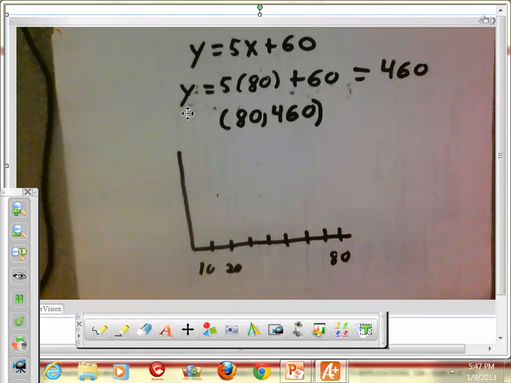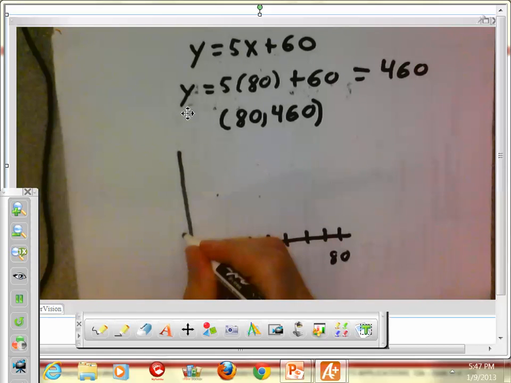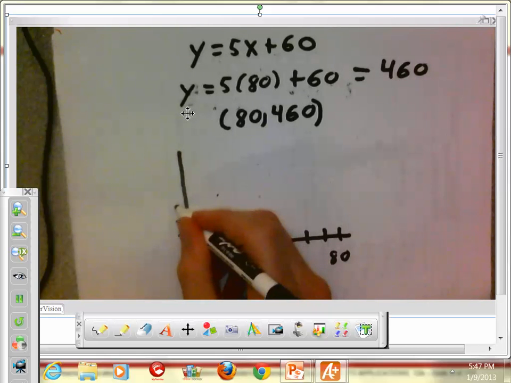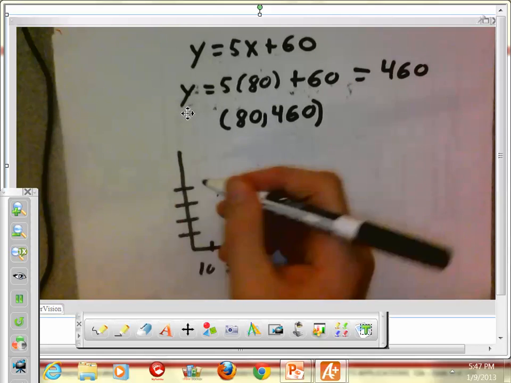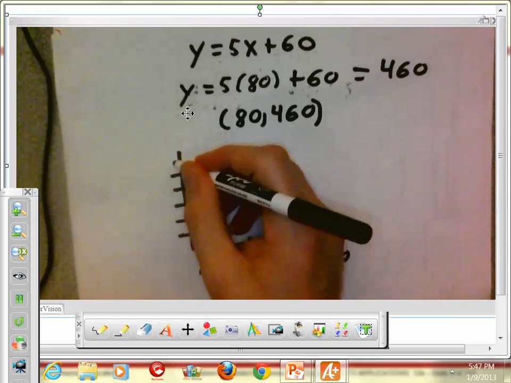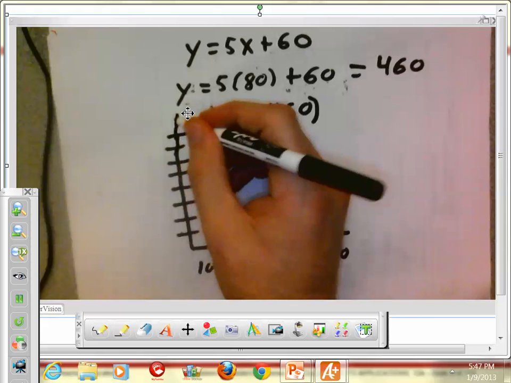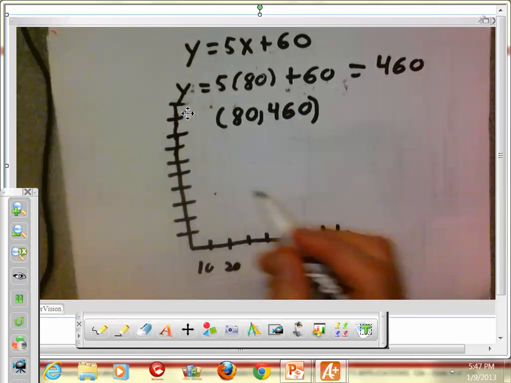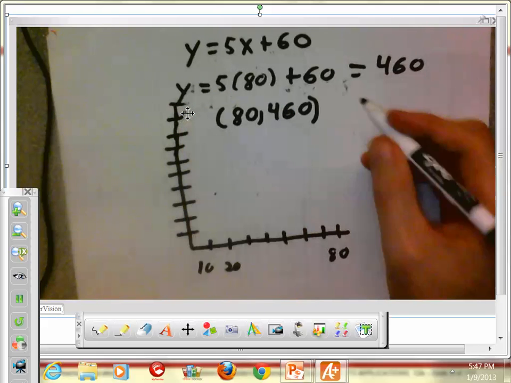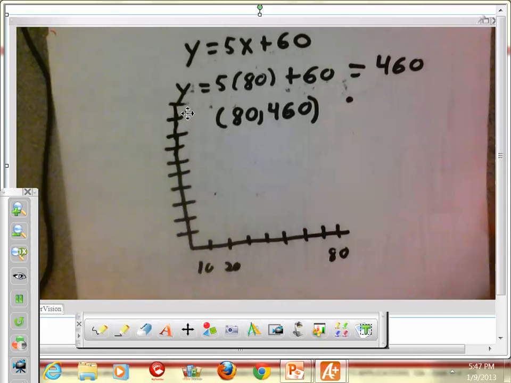And I'm going to go by 50s up this axis, so I'm going to go 50, 100, 150, 200, 250, 300, 350, 400, 450, 500. So 450 is over here, 460 is going to be, so this point is going to be over here somewhere.